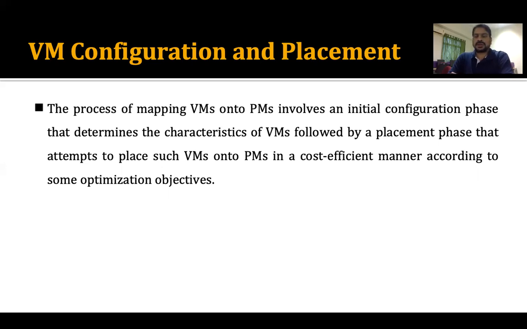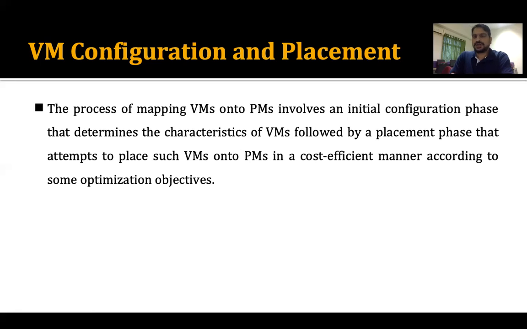So depending upon the objectives of the cloud requirement, the cloud service provider will optimize that objective, and based on that, it will map the virtual machine with any physical machine which is available.